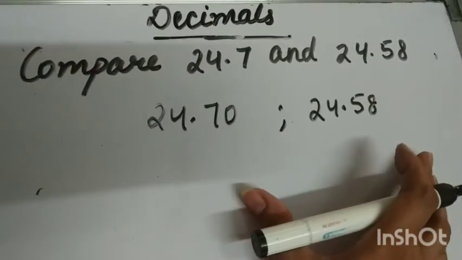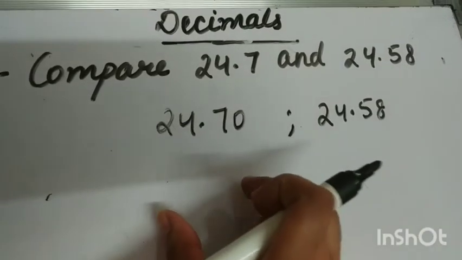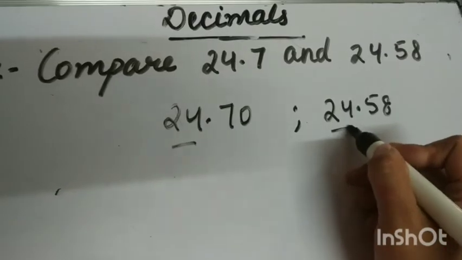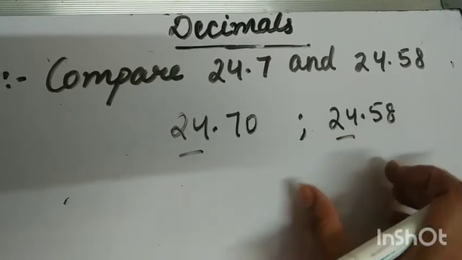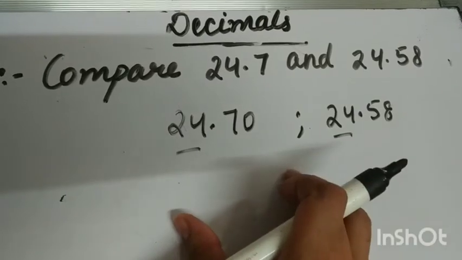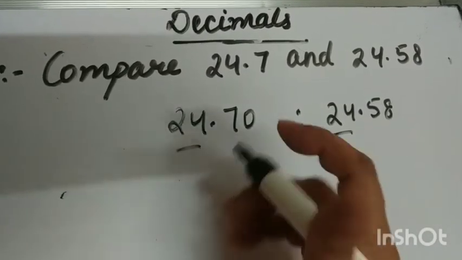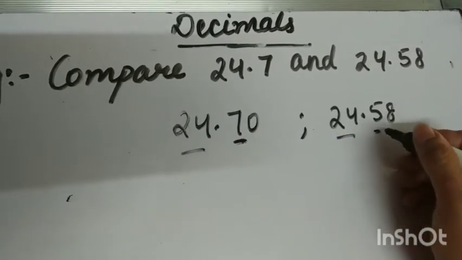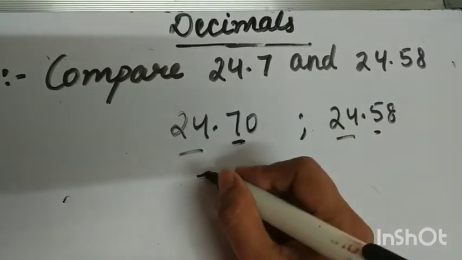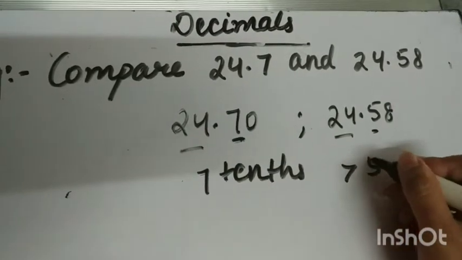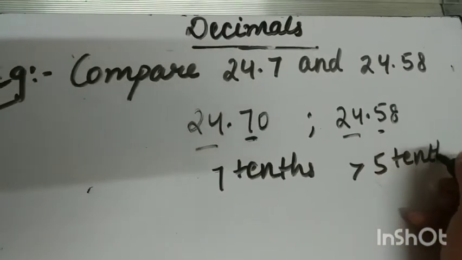Now first we see the whole number parts, and the whole number parts in both these numbers are equal. So we compare the tenths digit. Here the tenths digit is 7 and here the tenths digit is 5. Clearly 7 tenths is greater than 5 tenths.